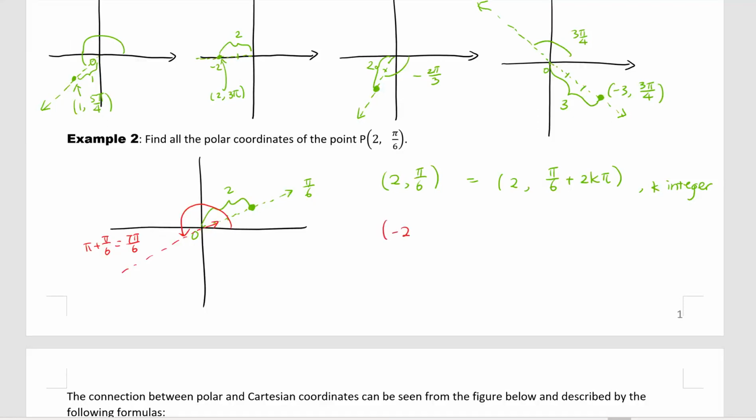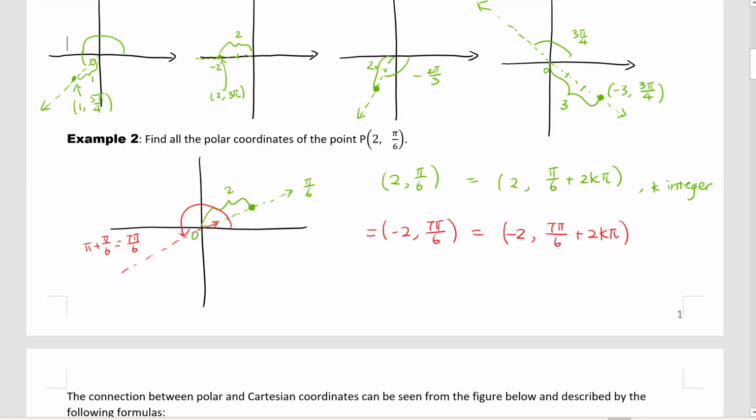So that is -2 and 7 pi over 6. Okay? And you can also include all the angles. So you add 2k pi to it, and k is any integer. So in that case, you include all the polar coordinates of this point. So far, so good, everybody?